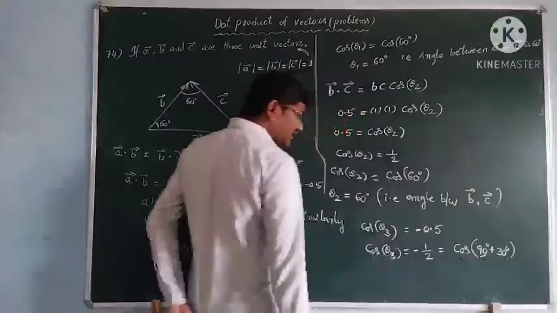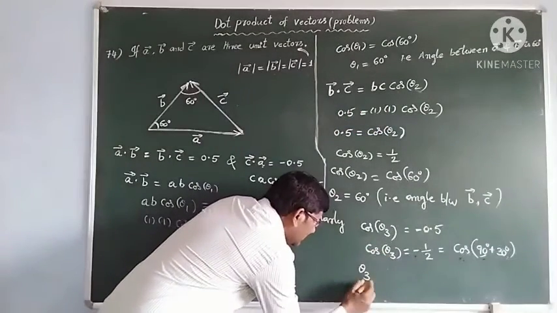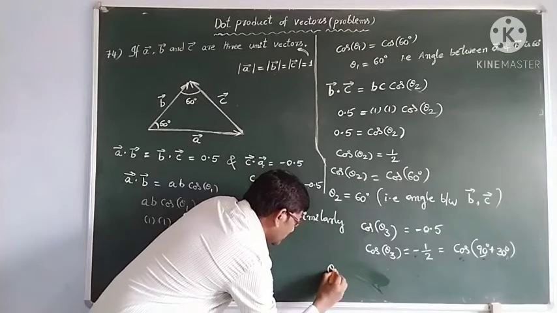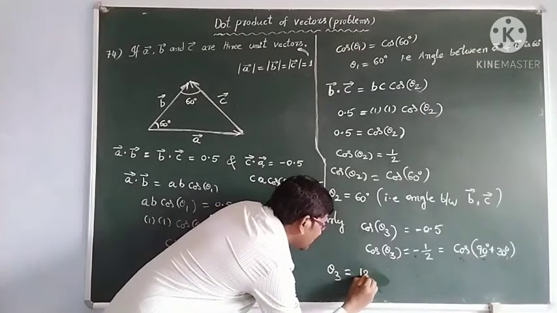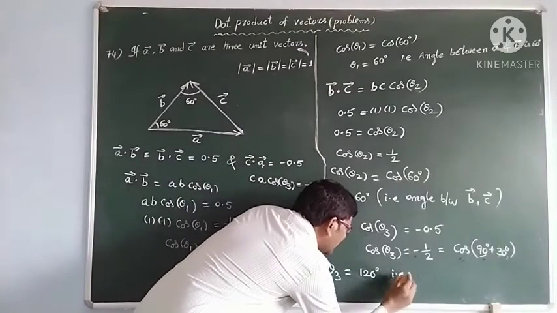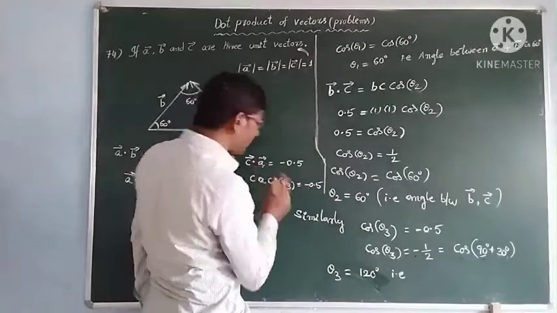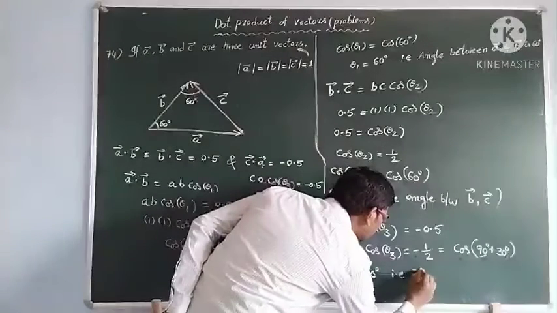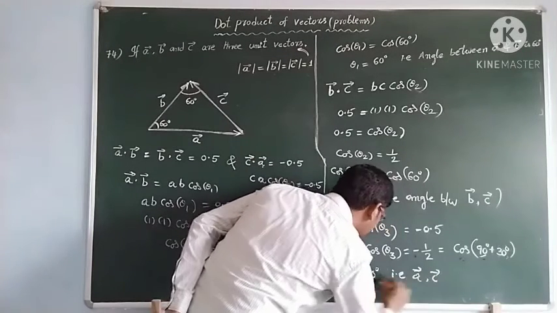So sin 30, you will get minus 1 by 2. So theta 3 value we are getting 90 plus 30, that is equal to 120 degrees. And theta 3 is the angle between A bar and C bar.